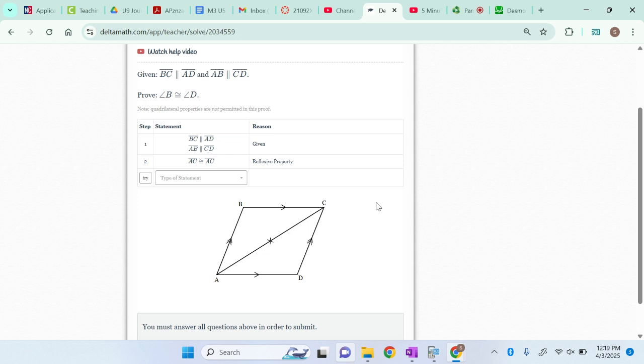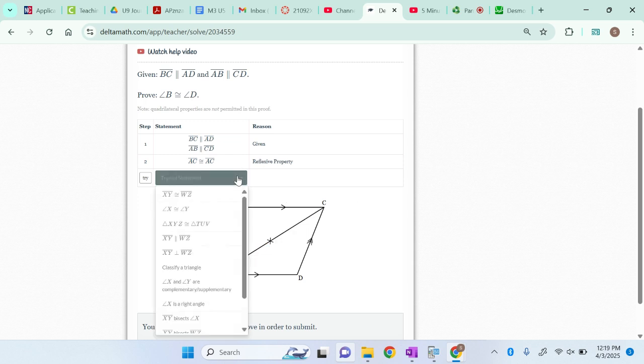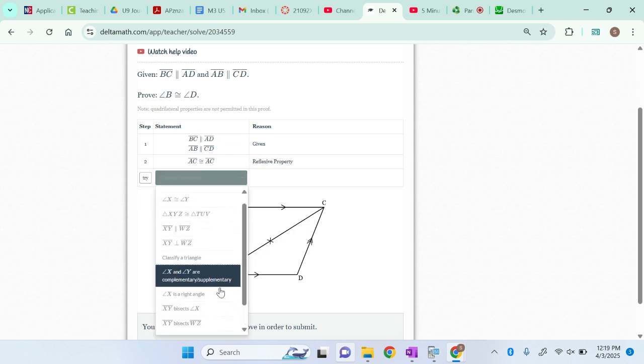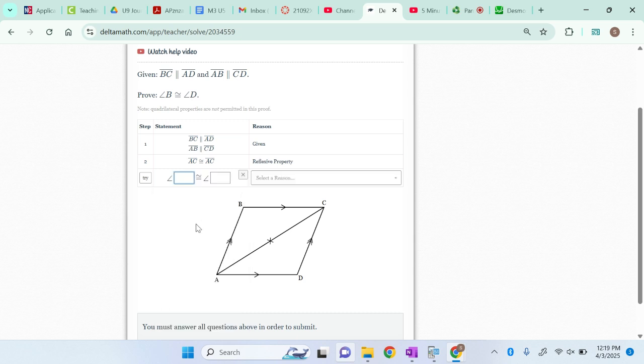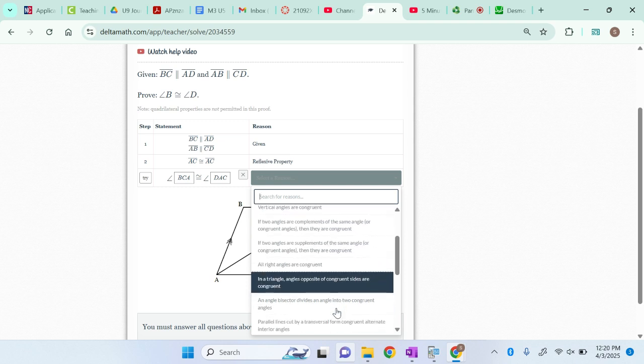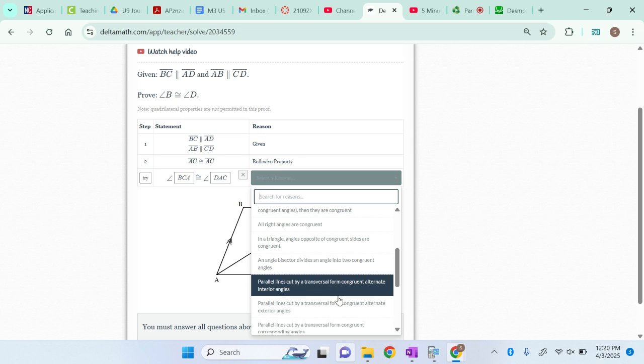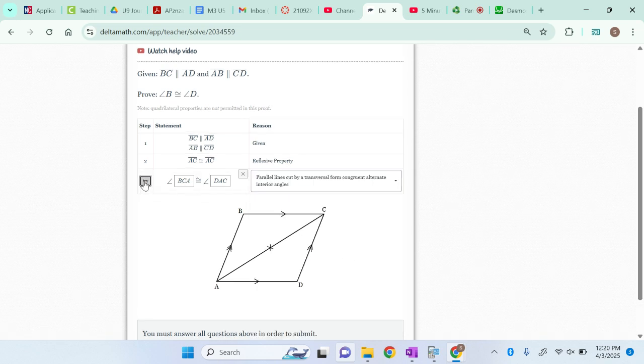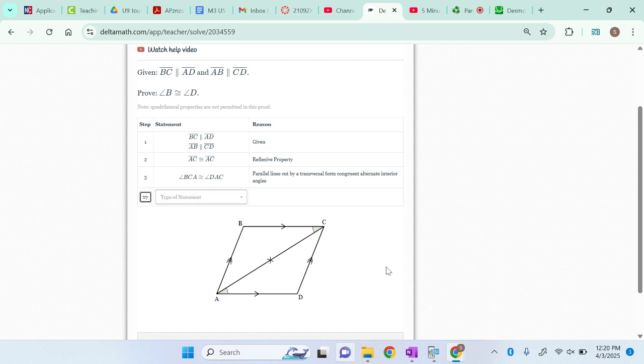All right, so we can show that these two angles are congruent. So BCA is congruent to DAC because two parallel lines cut by a transversal form congruent alternate interior angles, which is true.